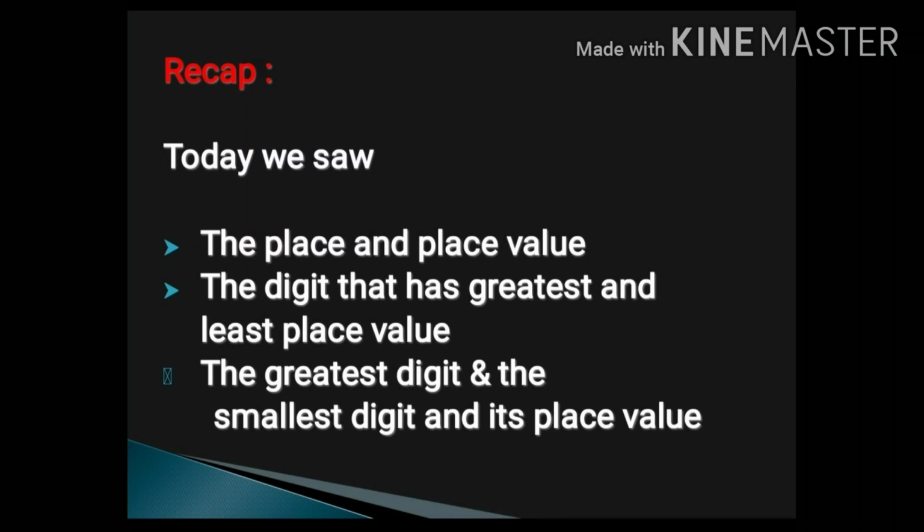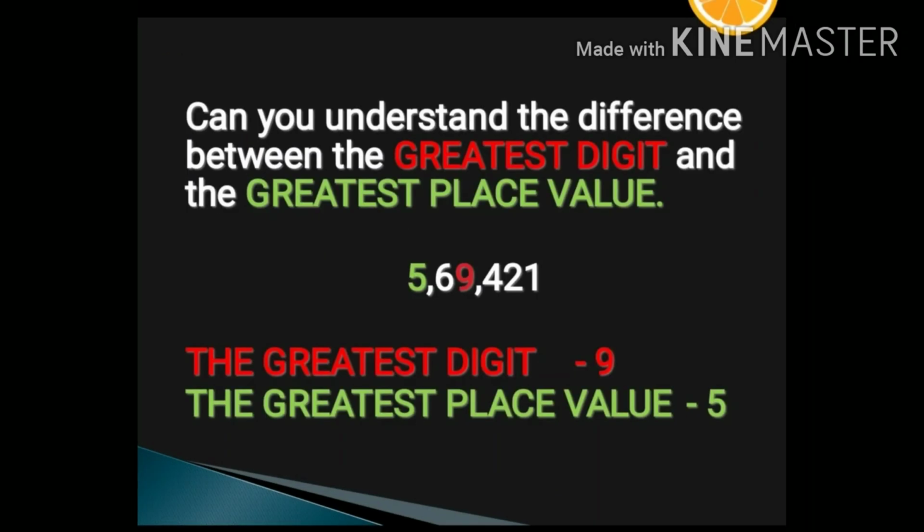Recap. Today we saw the place and the place value. Next one is the digit that has greatest and least place value. And the third one is the greatest digit and the smallest digit and its place value.